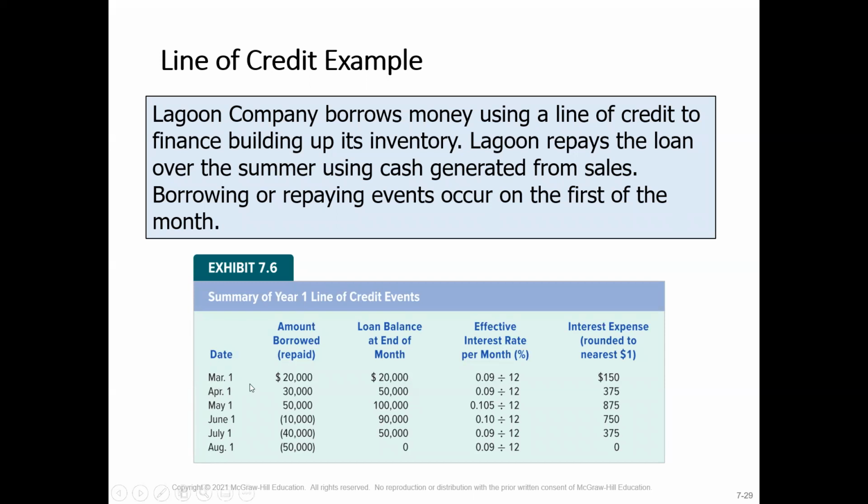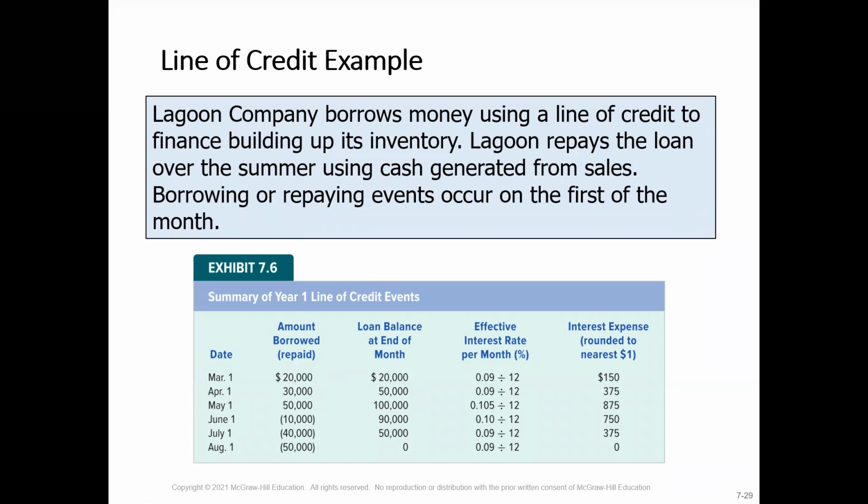So every month there was maybe some, March 1st, funds were borrowed from the line of credit. And we had, looks like probably a $100,000 line of credit, possibly even more. But that's the highest the loan balance got, was 100,000.